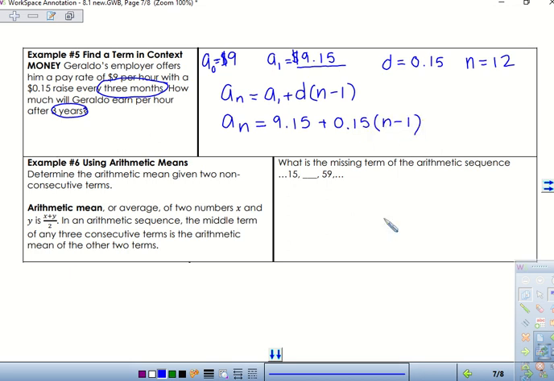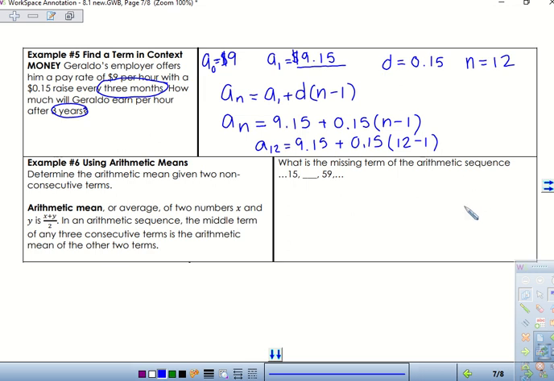And then what am I going to be plugging in for n? 12. So to find the 12th term, I do 9.15 plus 0.15 times n minus 1. You can type this all into the calculator as is. I believe it will work. If not, you can do it in 2 parts.